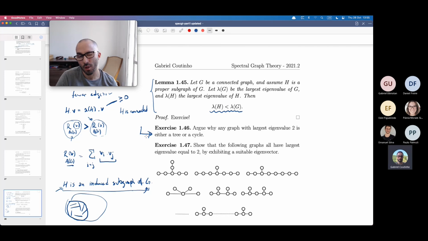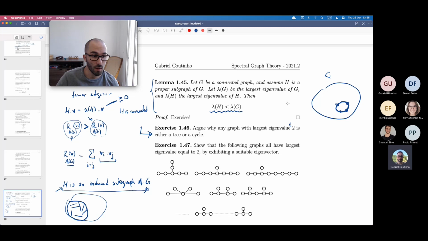Why can it not be a graph that contains a cycle? Why can't this be a graph with maximum eigenvalue 2?